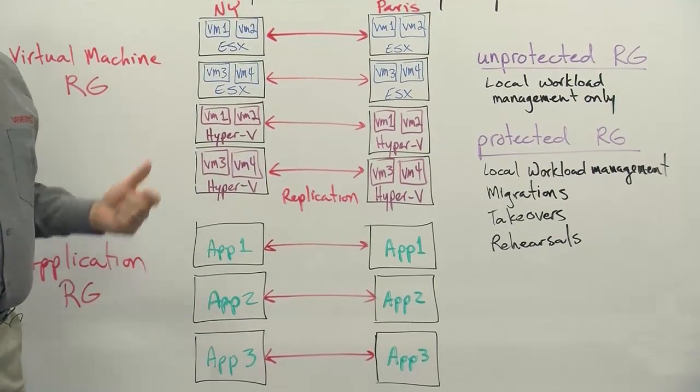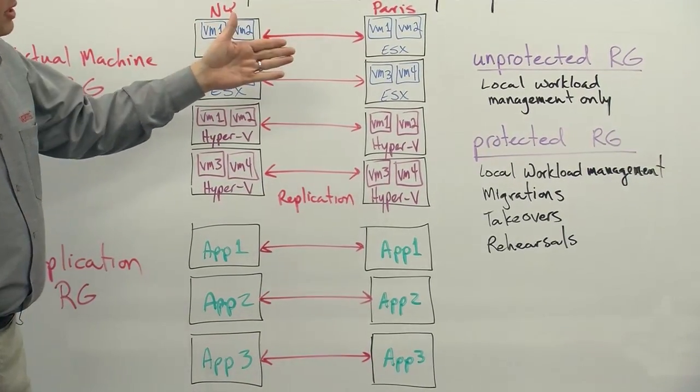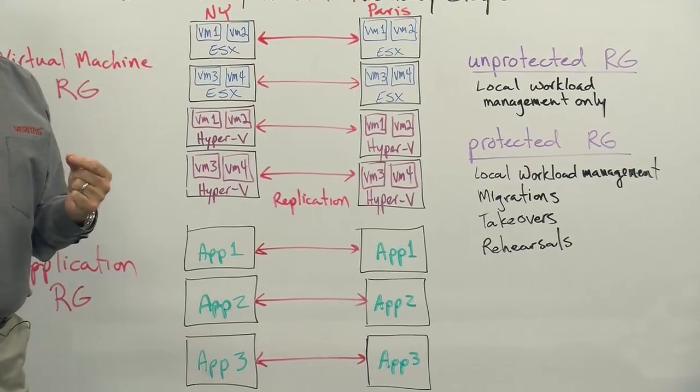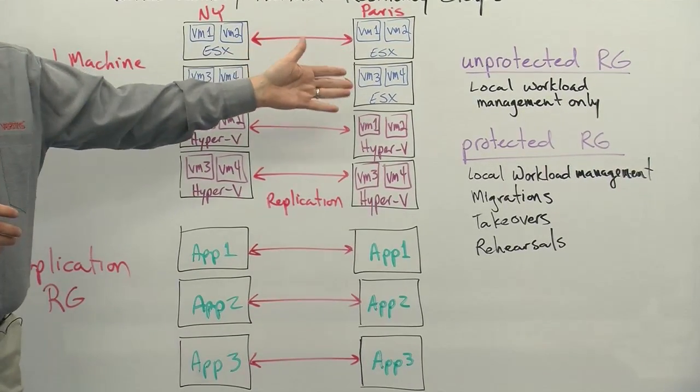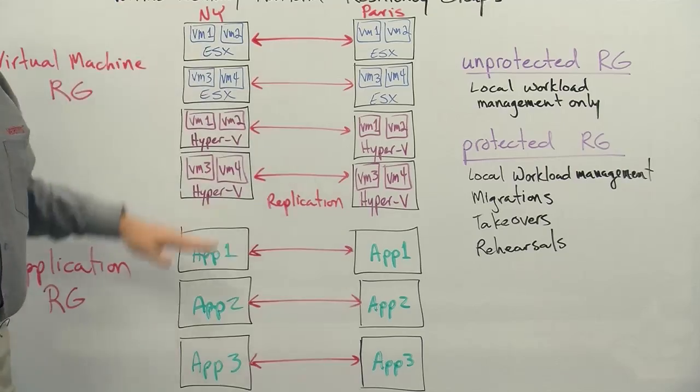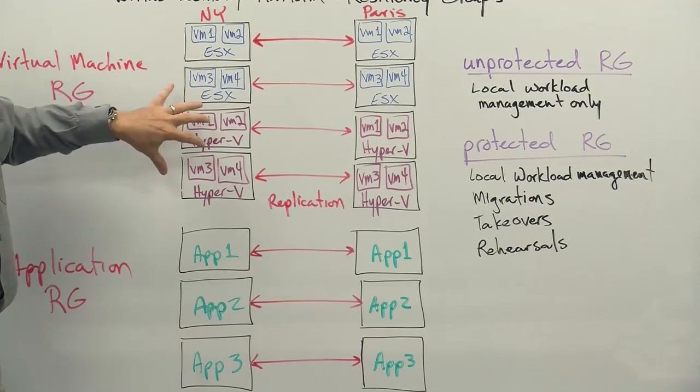So what we get in that configuration is an unprotected resiliency group that gives us the ability to do what we call local workload management. We can start them up and shut them down at the local site only.